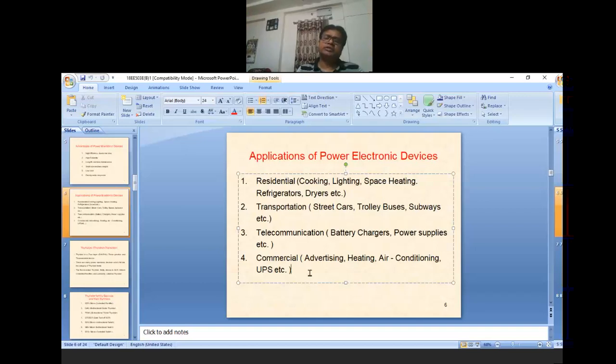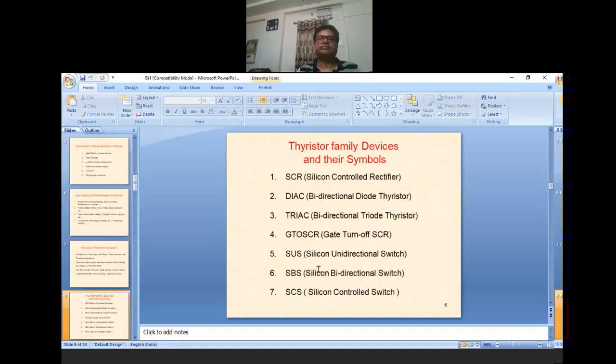Even the mobile power supplies, batteries, laptops, desktops, computers, printers, everywhere, wherever there is a need to process and alter the power from one level to another level, or to refine the shape of the waveform of the voltage and current, power electronics comes into existence.